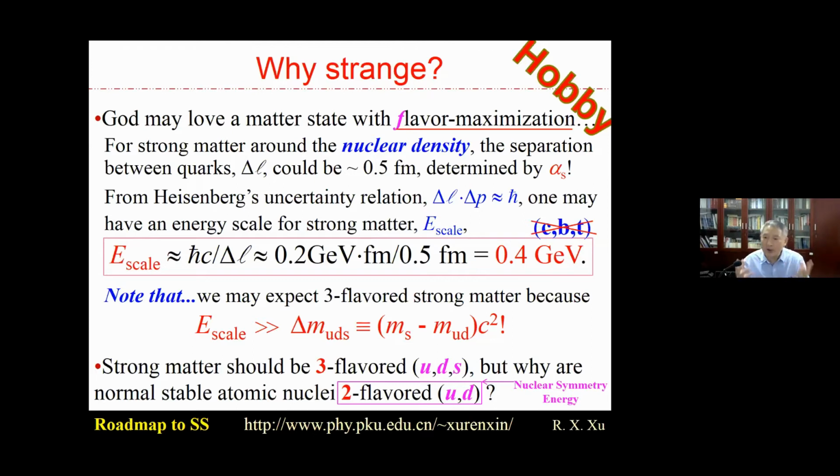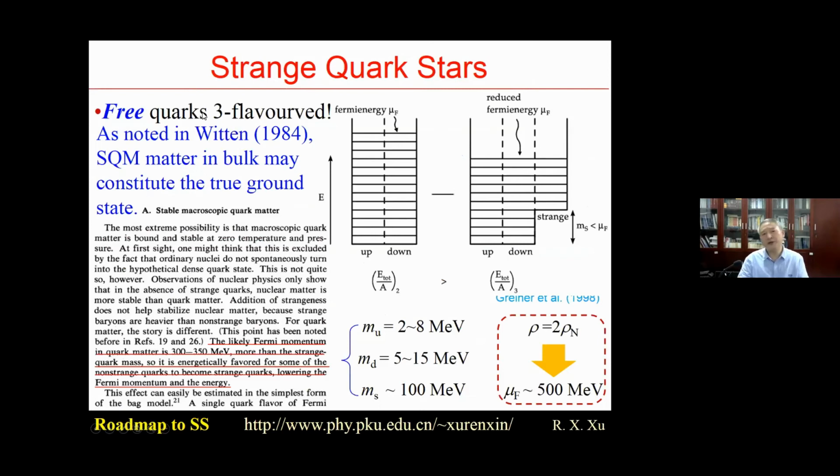That means in our case of the dense matter, the coupling between quarks could still be very strong, so that the interaction between quarks cannot be negligible, and this free quark state might not be the real situation. So this should be rejudged.